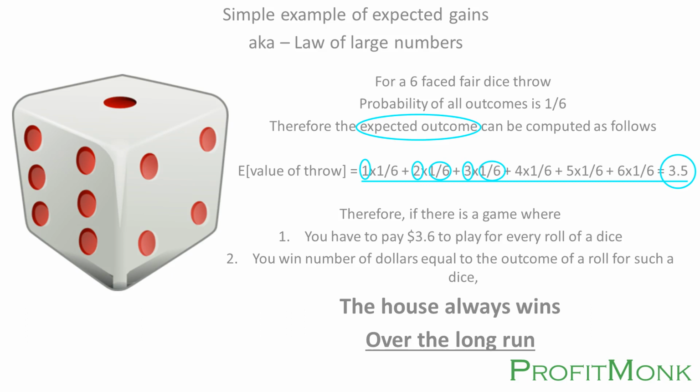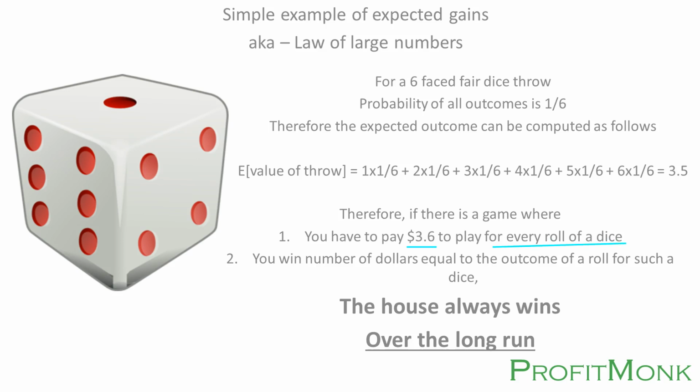Well, it's quite simple. You know the expected value is 3.5. So you will design a game where a person will have to pay at least $3.50, preferably 10 cents more. I just picked a number here. So you pay $3.60 to play for every roll of dice.